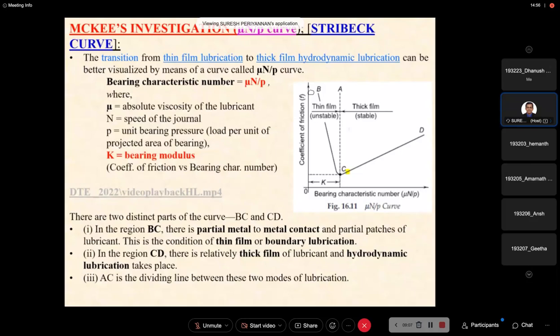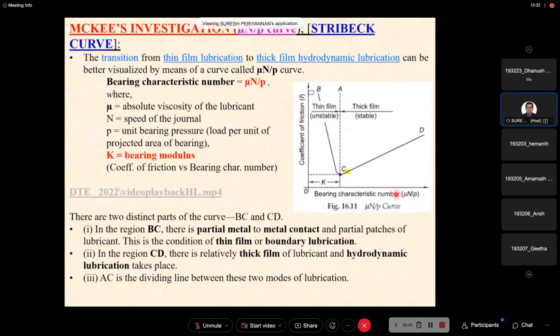The transition from thin film lubrication to thick film hydrodynamic lubrication can be better visualized with the help of a curve. That curve is called the mu-N-P curve, or bearing characteristic curve. Now see here, he plotted the coefficient of friction versus the bearing characteristic number.